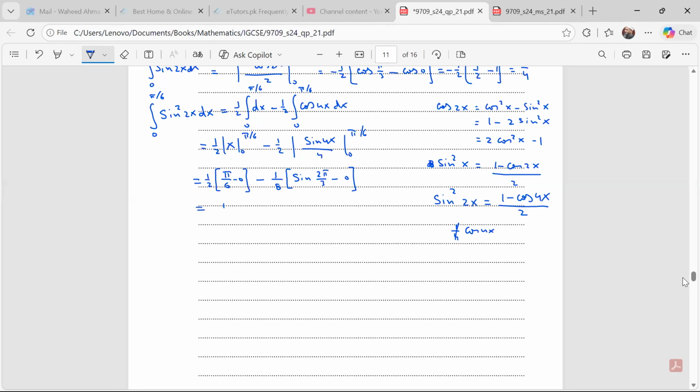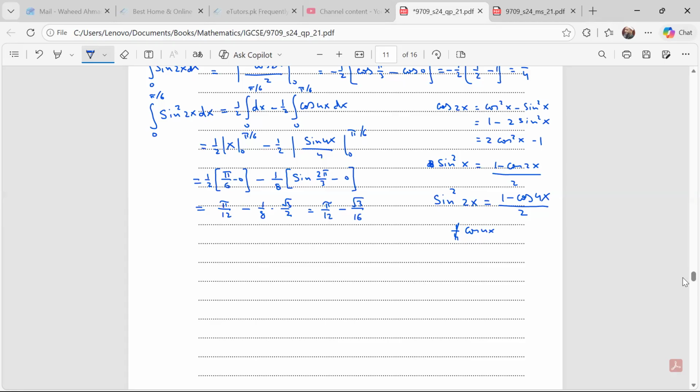So this is pi by 12 minus 1 by 8 times sine of 2 pi by 3. What is sine of 2 pi by 3? 2 pi by 3 means 120 degrees, and the sine of 120 degrees is the same as the sine of 60 degrees, so it is square root 3 by 2. I hope it is clear. So it is pi by 12 minus square root 3 by 16.